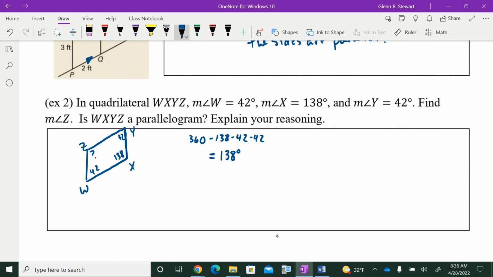So because we have this as 138, by theorem 8.8, opposite angles are congruent, this is a parallelogram.